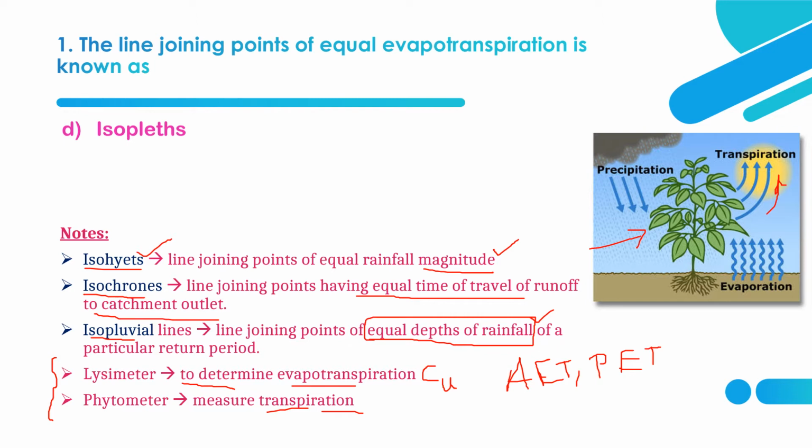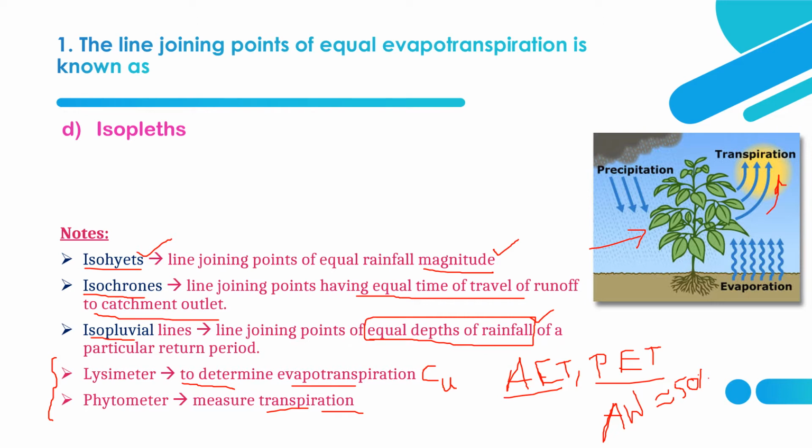For a clay soil, the ratio of actual evapotranspiration to potential evapotranspiration shall be unity, equal to 1, when the available moisture is depleted to 50%. So when available moisture, AW, is nearly up to 50% in a clay soil, the ratio between AET and PET shall be unity. So these are some points behind evapotranspiration.